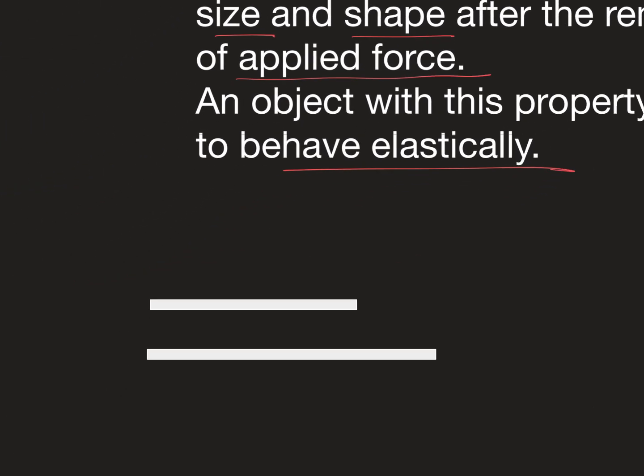So in this diagram that we are considering, we have an elastic object that is not yet subjected to any force. The original length of the object is indicated as L0.